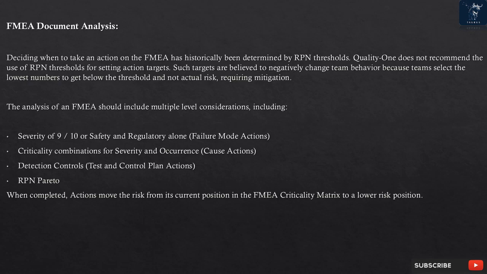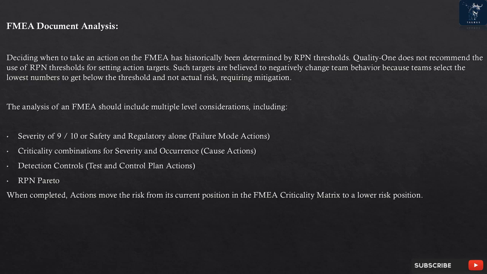Deciding when to take an action on the FMEA has historically been determined by RPN thresholds. Quality 1 does not recommend the use of RPN thresholds for setting action targets. Such targets are believed to negatively change team behavior because teams select the lowest numbers to get below the threshold and not actual risk requiring mitigation.